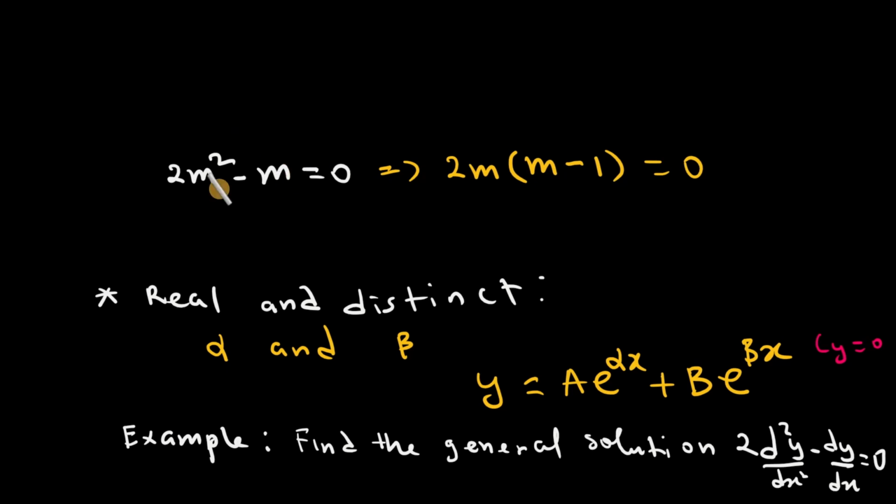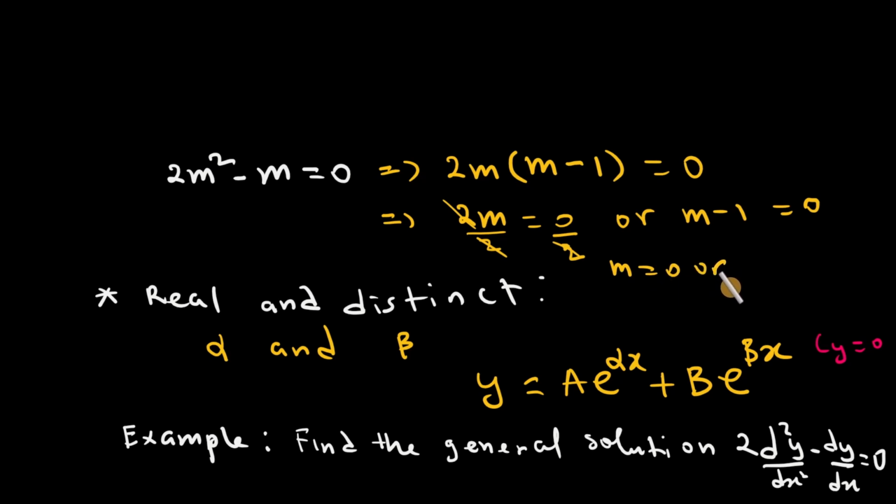You also have to know that the auxiliary equation is always a quadratic equation, so solving this is like solving a quadratic equation. That means m = 0 or 2m − 1 = 0.